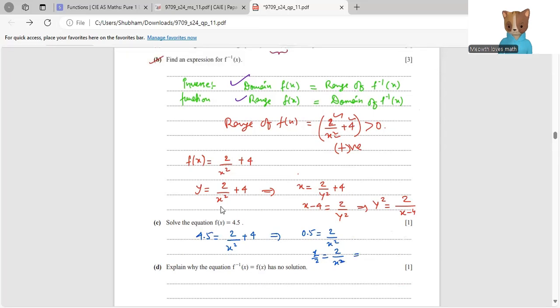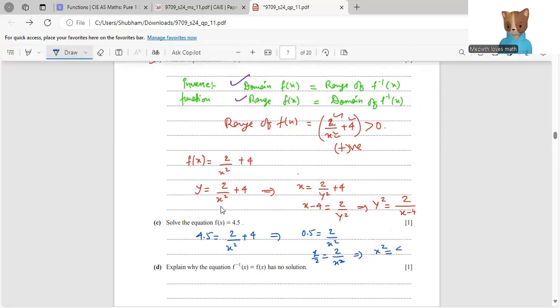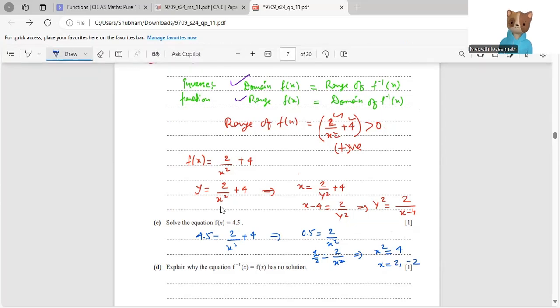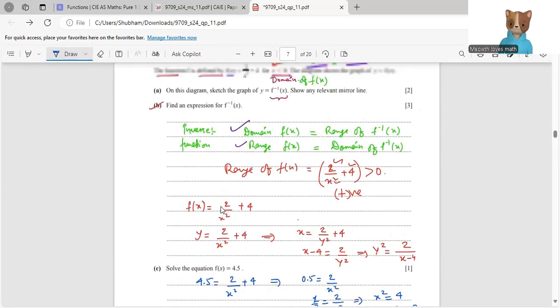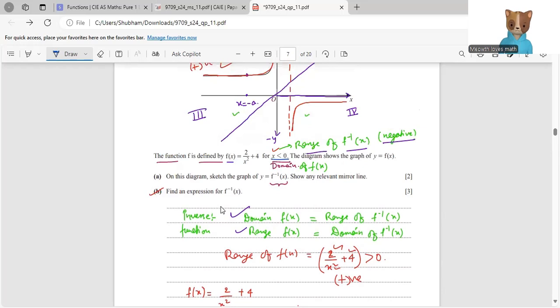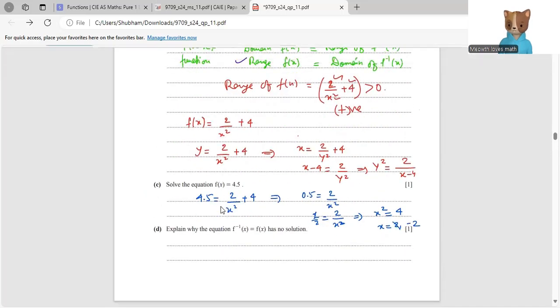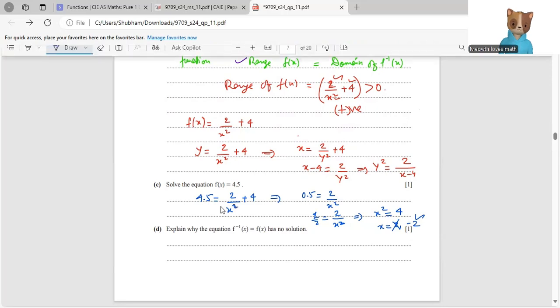Therefore x squared is equal to 4, or x equal to 2 or minus 2. Now we have to check f of x is defined for what? It is defined for x less than 0, right? The domain is less than 0. Therefore, I'll eliminate 2, and x is equal to minus 2 is my solution. Don't just blindly write x equal to 2 and minus 2. You have to be very careful with the functions chapter.